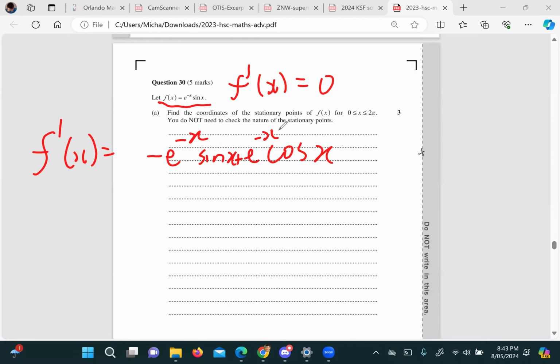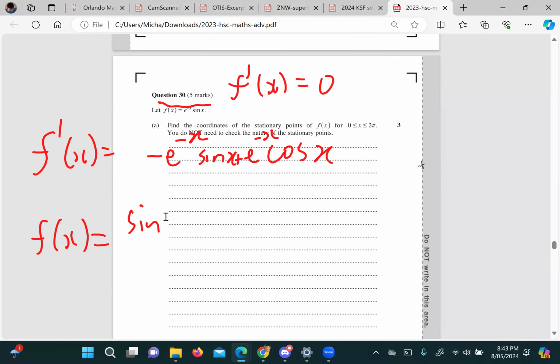Just to show you, you could actually use the quotient rule. How would you use the quotient rule, by the way? Anyone know? You make it sine x on e to the x. Yeah, very good. So you make it sine x on e to the x, because it's e to the minus x. And then when you do the derivative, you get a quotient rule.